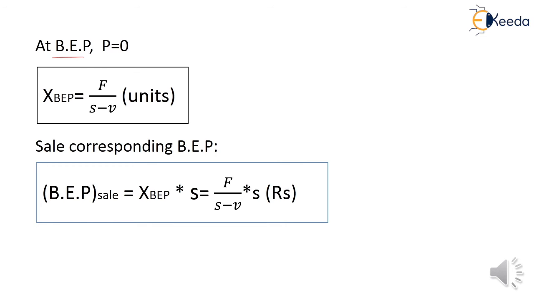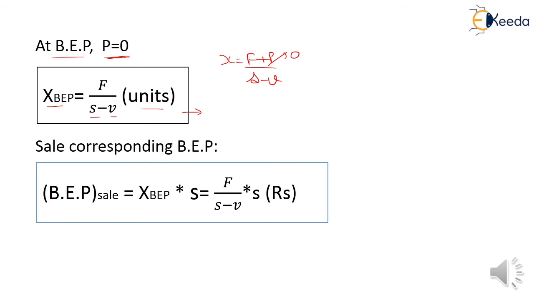So at the break even point, the P is equal to 0. So x is equal to (F + P) upon (s − v). If P is equal to 0, then x at break even point is equal to F upon (s − v) in units.